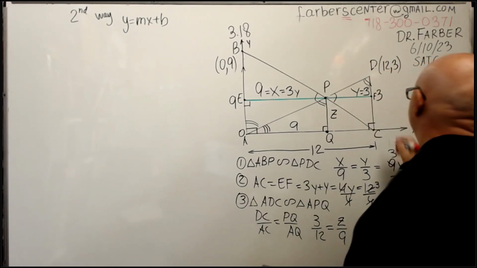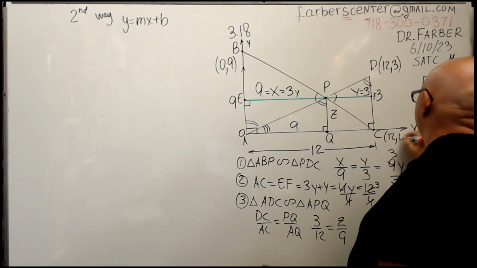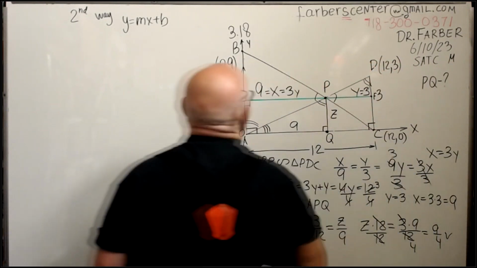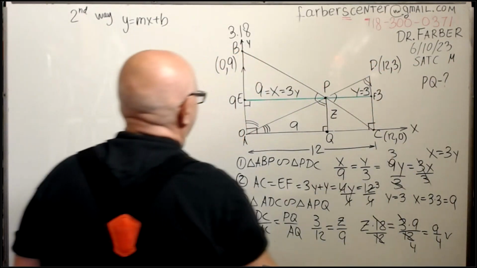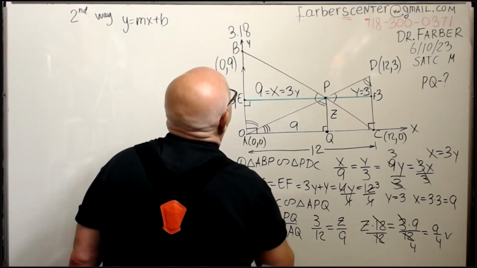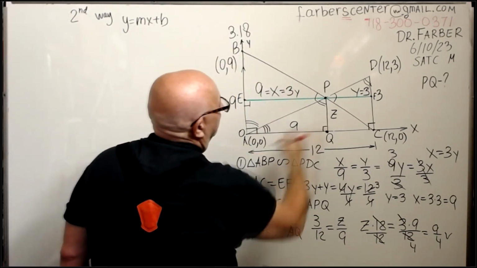The coordinate of point C is 12, 0. And definitely A is 0, 0. Let's find the slope of line BC.